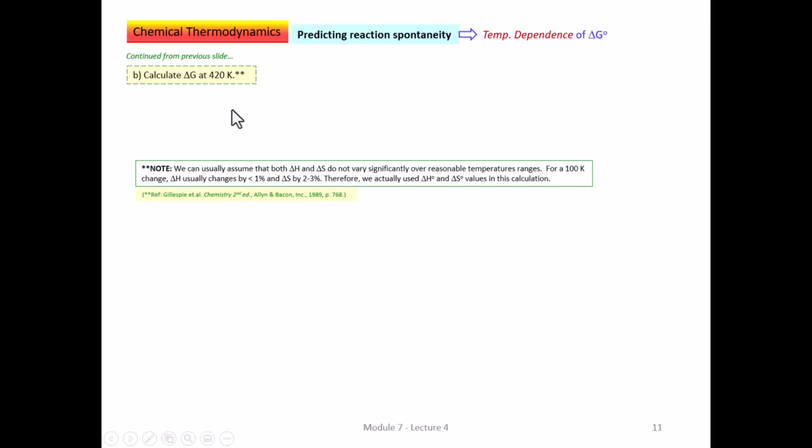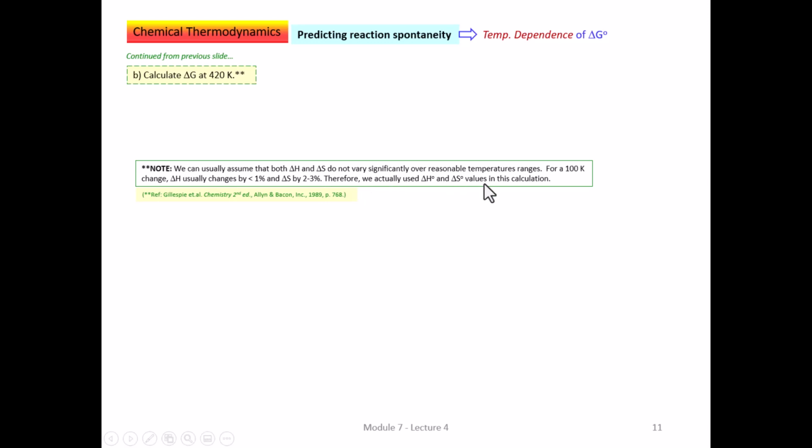So here, let's calculate delta G at 420 K. So we've raised the temperature from 298 to 420. One of the things you have to assume here is that the delta H and delta S terms do not change significantly over the temperature range that we're trying to compare.